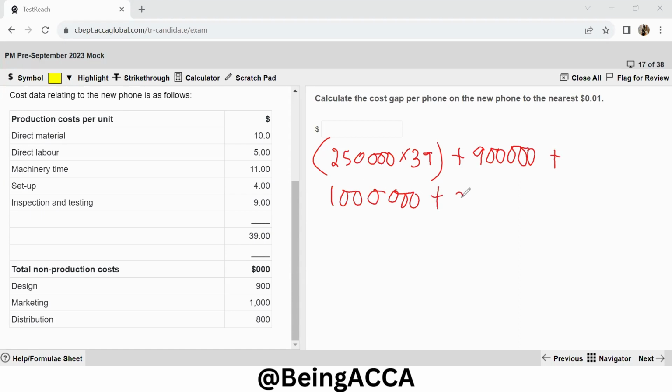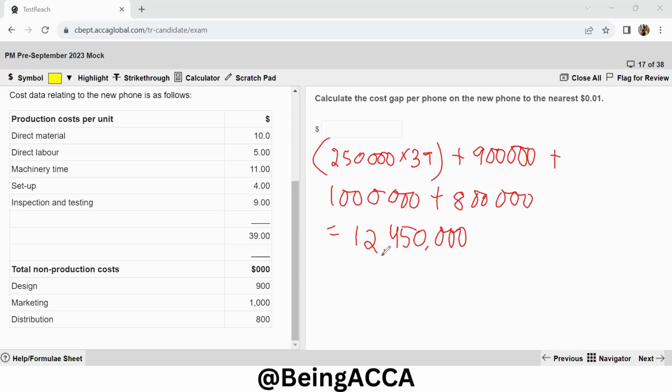And plus 800,000. So if I add all of this up, I will be getting 12,450,000. So this is what I'm getting on adding all of this up. So this becomes my total cost.